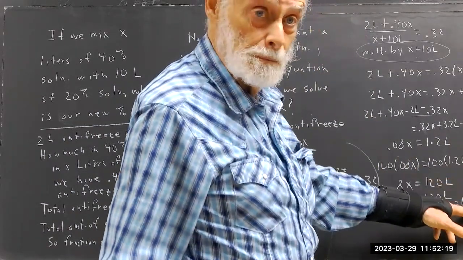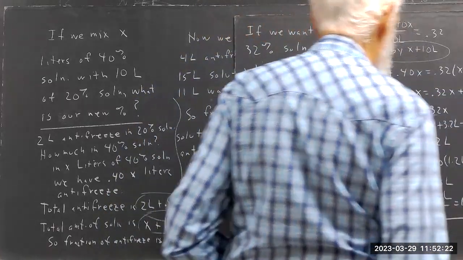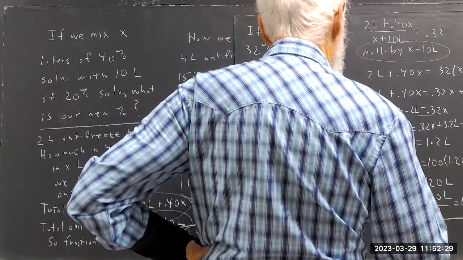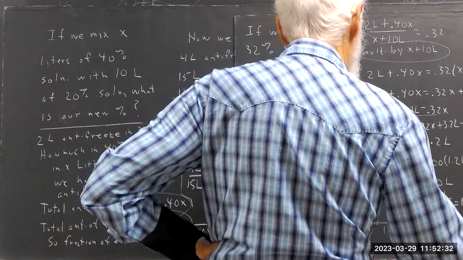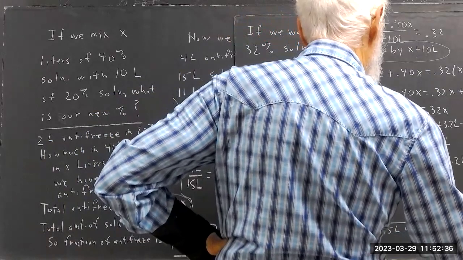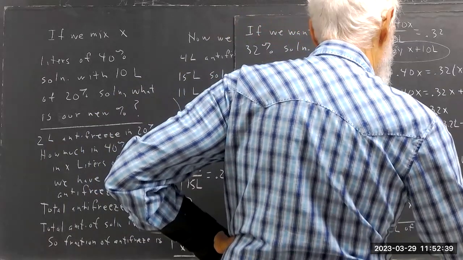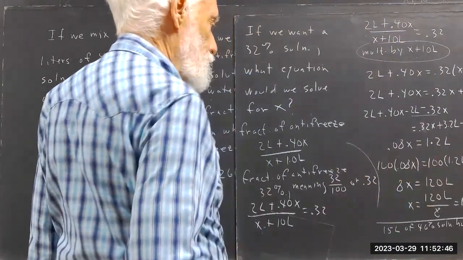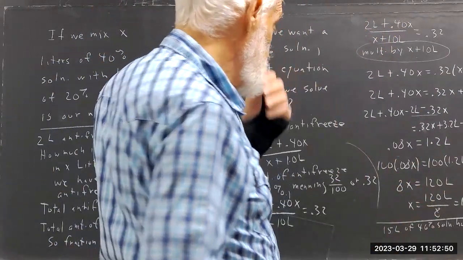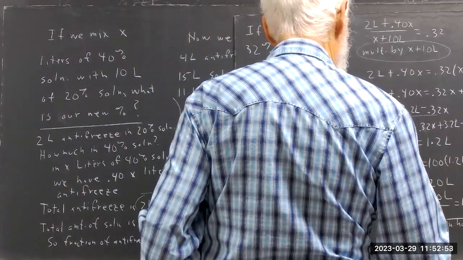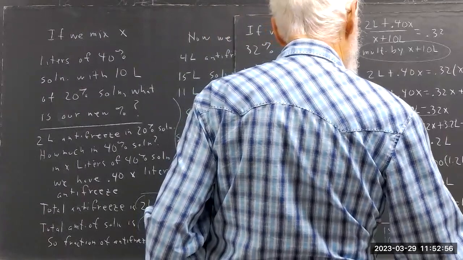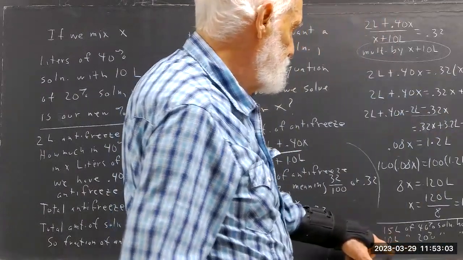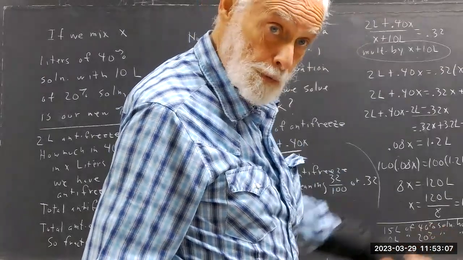We check the solution. This has 6 liters of antifreeze. Ten liters of 20% solution has 2 liters of antifreeze.